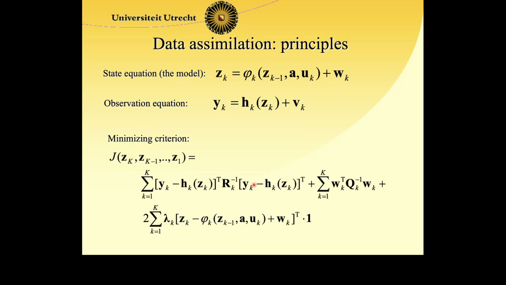Now, what does it look like? This is the difference between the observations and the model predictions. We want to minimize that, and that's weighted by the covariance matrix of the model error. We do want to minimize the errors in the model, so we want to minimize this thing as well.